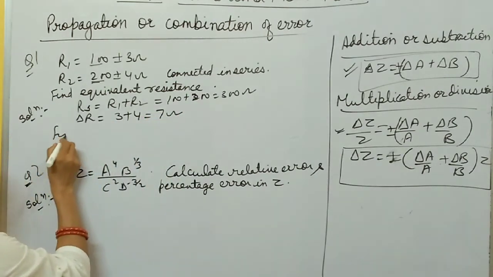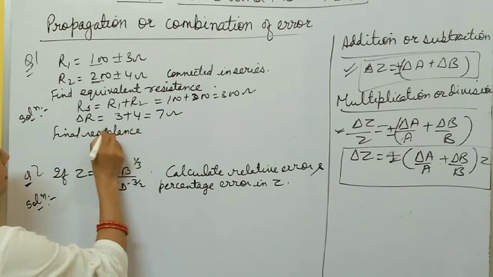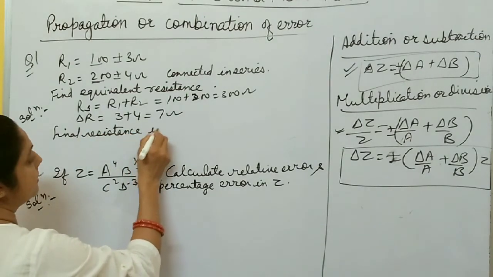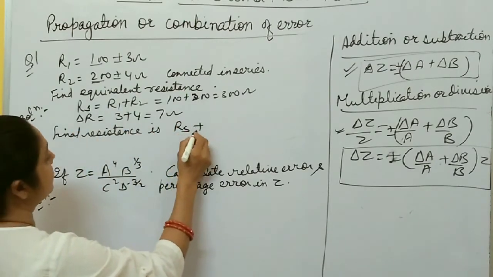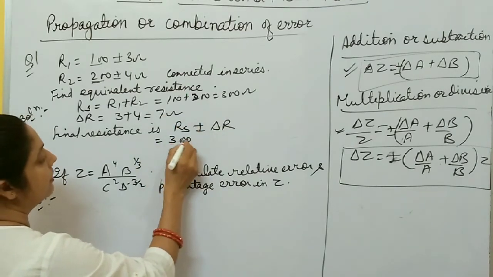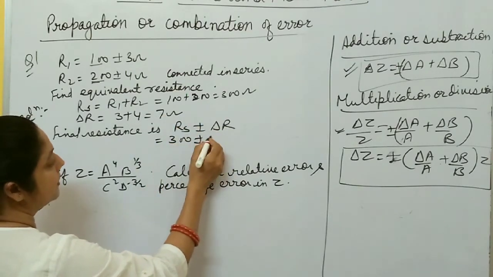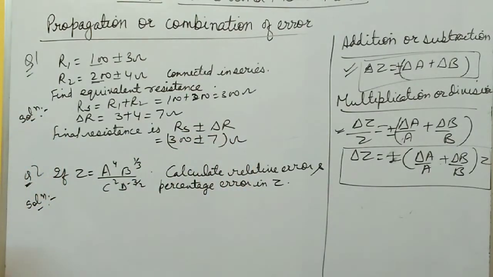So the final or equivalent resistance is RS plus minus delta R. Now you can write RS as 300 plus minus the absolute error, 7 ohm. In this way you find the equivalent resistance, right? In case of addition or subtraction.